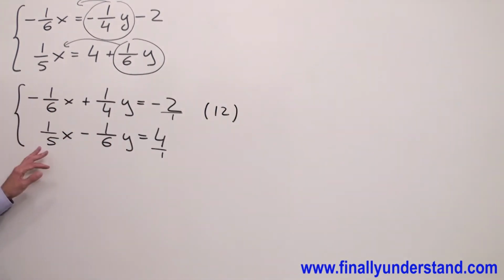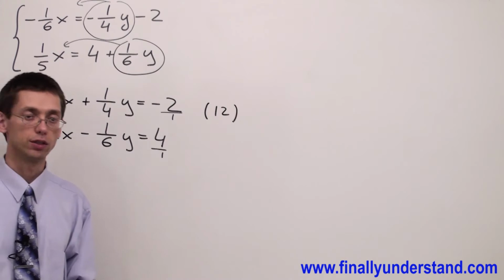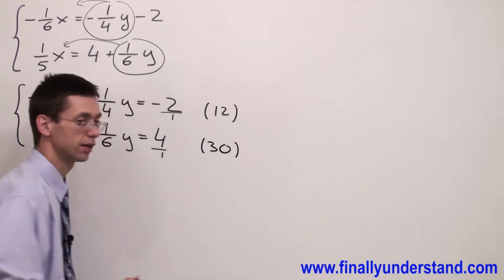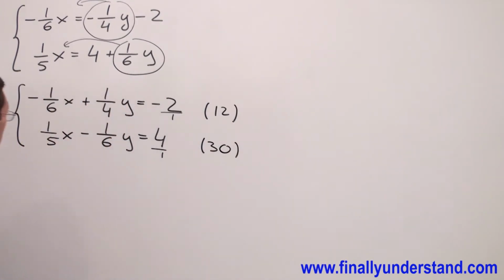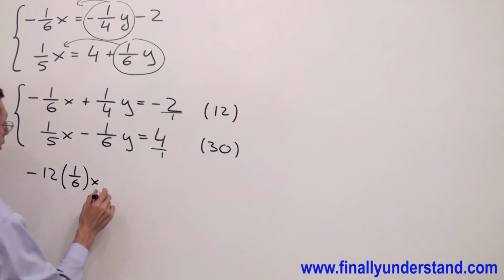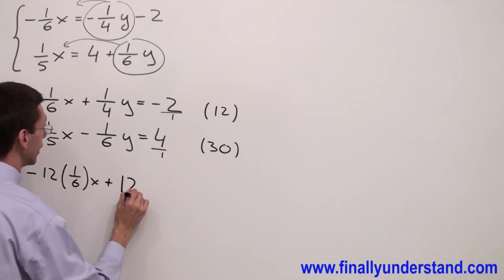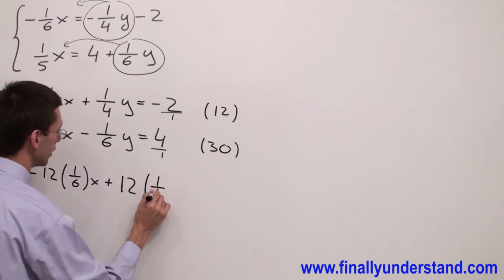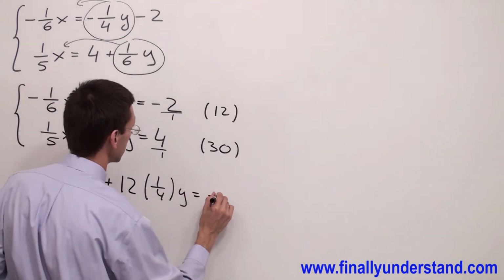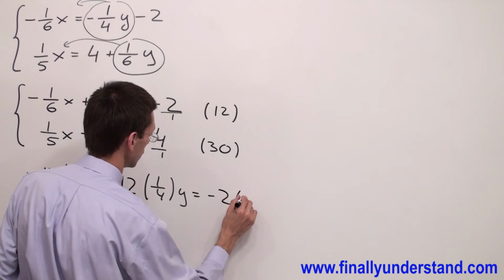The common denominator for the second equation is going to be 30. That's why I'm going to multiply both sides of my second equation by 30. So the negative sign will stay. I have negative 12 times 1/6 x plus 12 times 1/4 y equals negative 2 times 12.